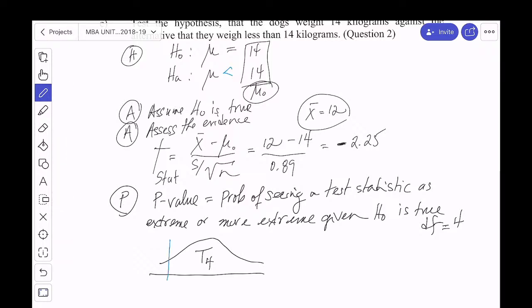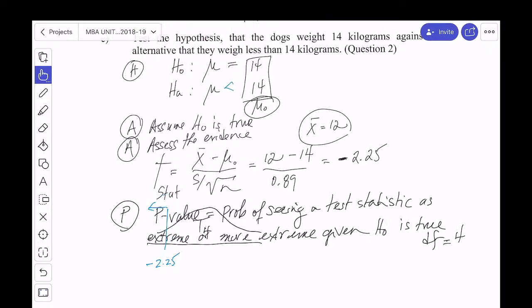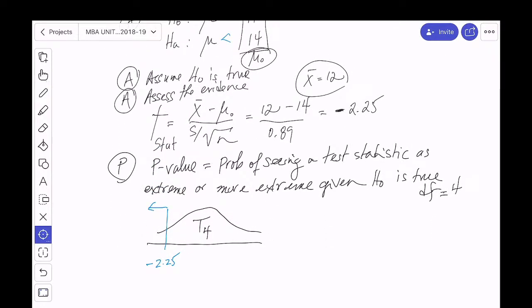So then we mark negative 2.25, and we find the value to the left of that. And that will give us a p-value, because that's the probability of seeing a t-stat as extreme or more extreme given H naught is true. The given H naught is true was incorporated here when I standardized using H naught or mu naught.